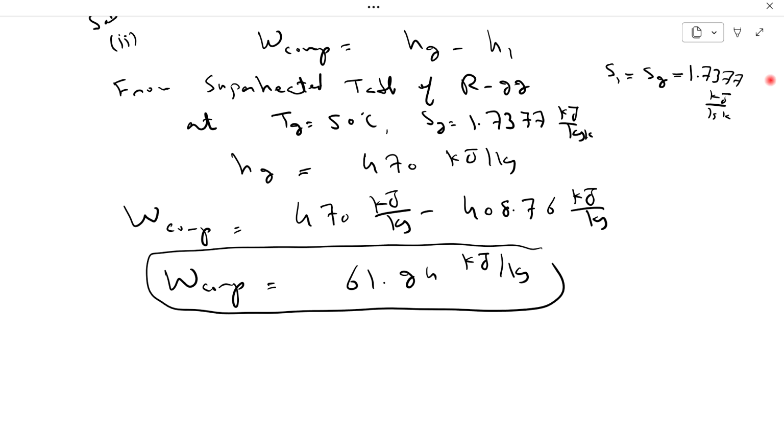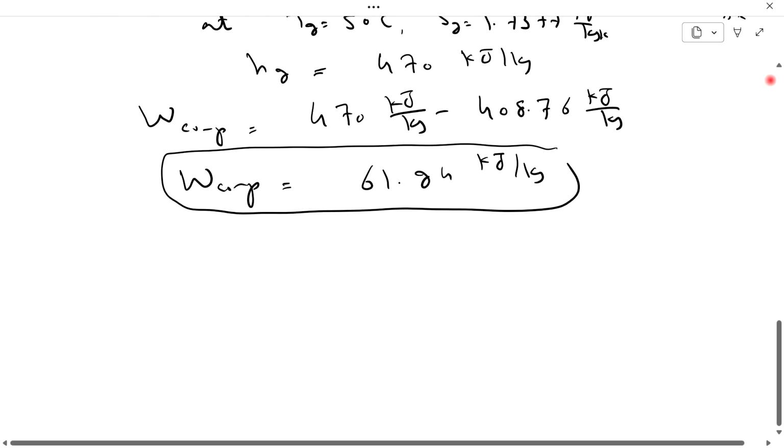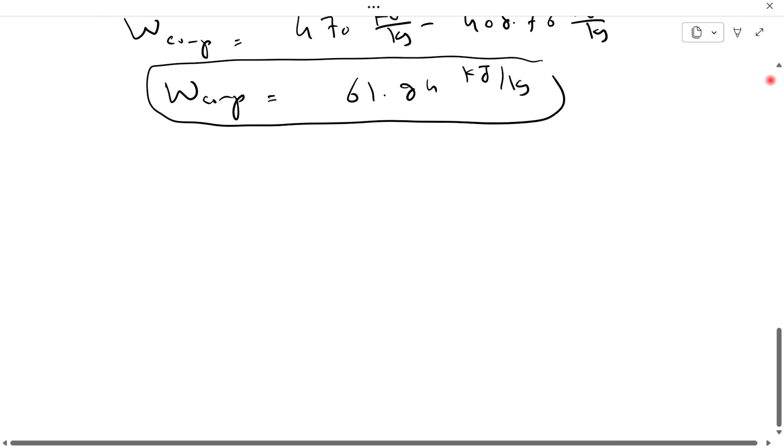So part number 2 is solved. Now we are solving number 3, heat rejected in the condenser. This is Qout, and Qout is equal to H2 minus H3.